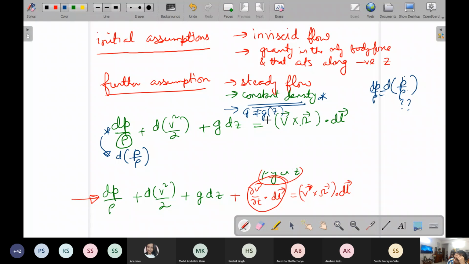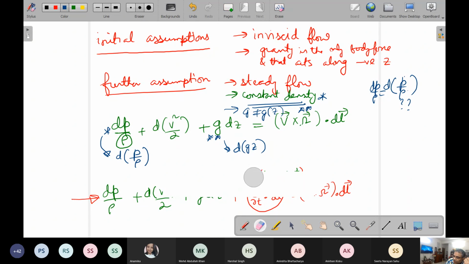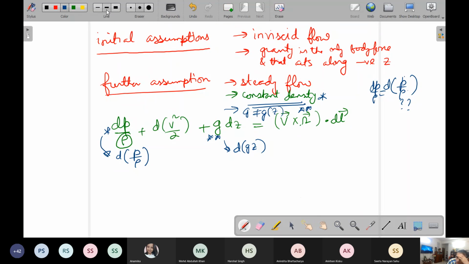Only in a limited range of height is g not a function of the height, and therefore, if you consider this as double star, the double star assumption will lead to d of gz. So let me just write it here: d of p by rho plus v square by 2 plus gz.